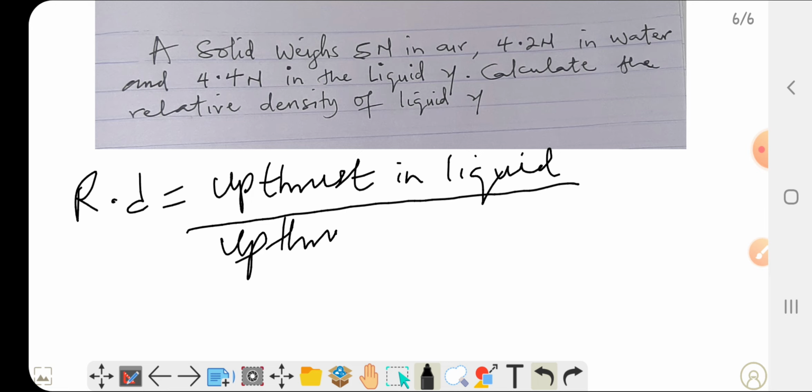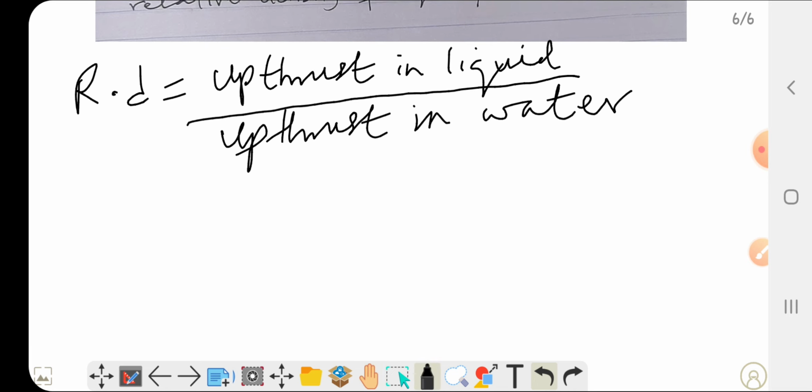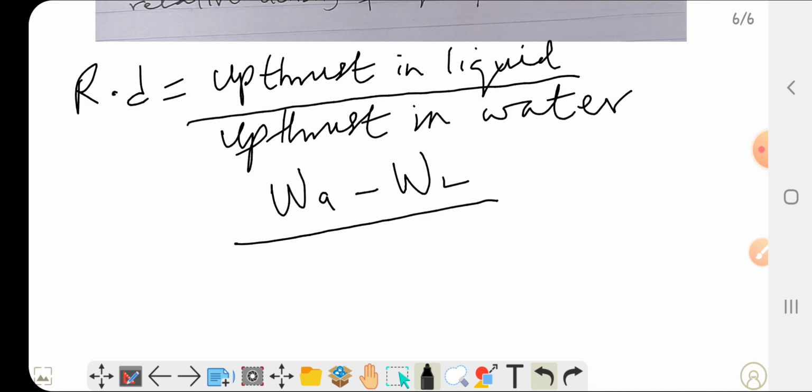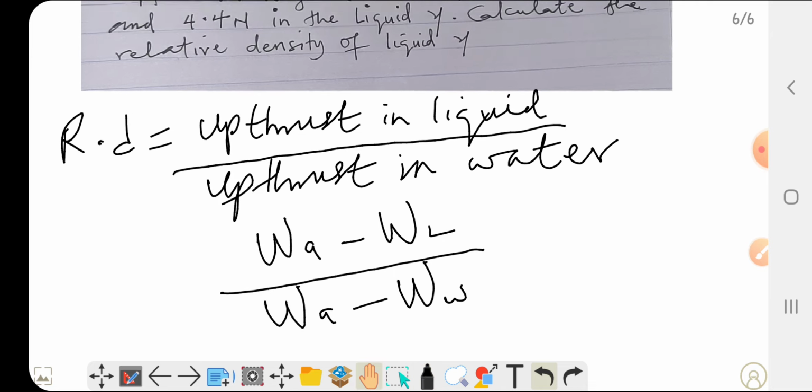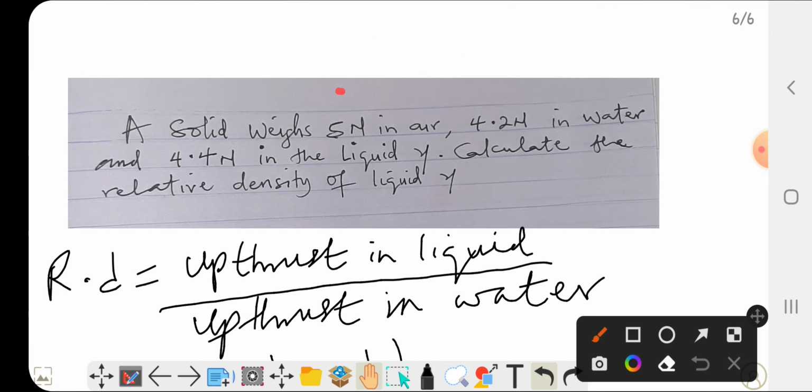We know that upthrust in liquid is weight in air minus the weight in that liquid, divided by upthrust in water, which is also weight in air minus the weight in water. And of course, from the question, we know the weight in air is 5 Newton, weight in water is 4.2. Let's write those parameters out.